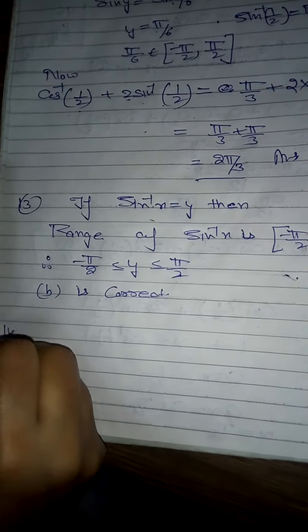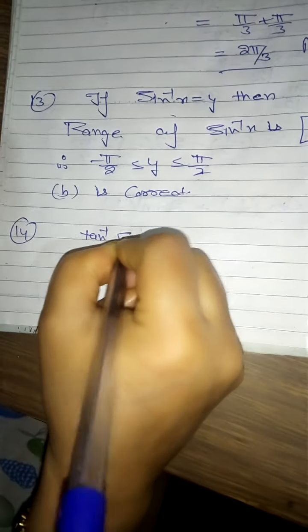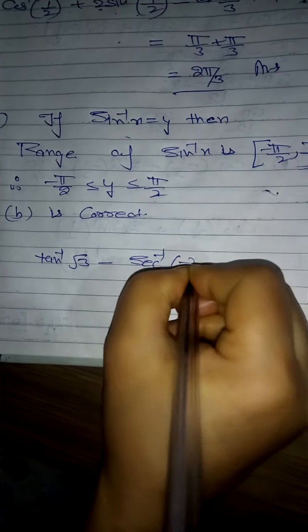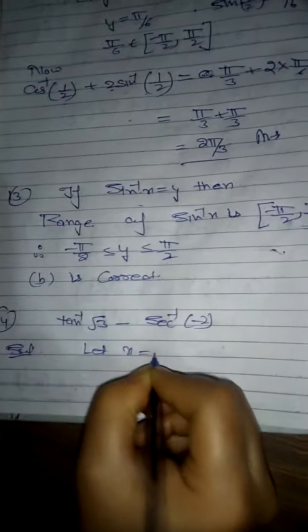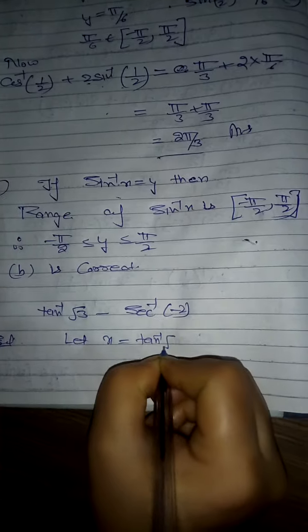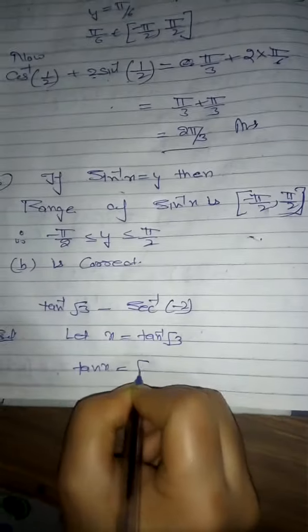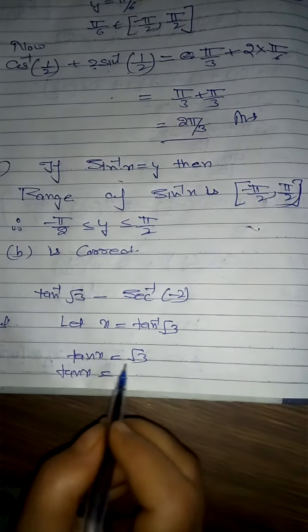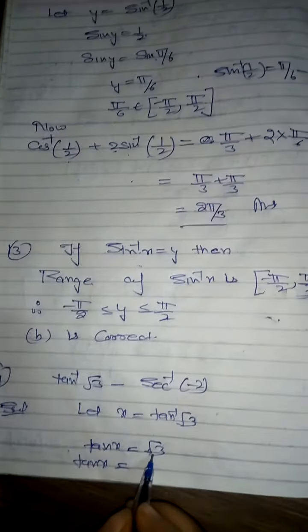Now question number 14, that is tan inverse root 3 minus sec inverse minus 2. Find the value of this term. Now let us start the solution. Let x equal tan inverse root 3, and tan x equals root 3. Tan pi by 3, that is tan 60 degrees, is equal to root 3.